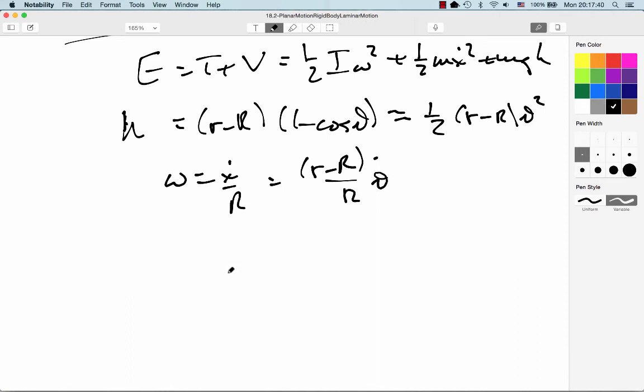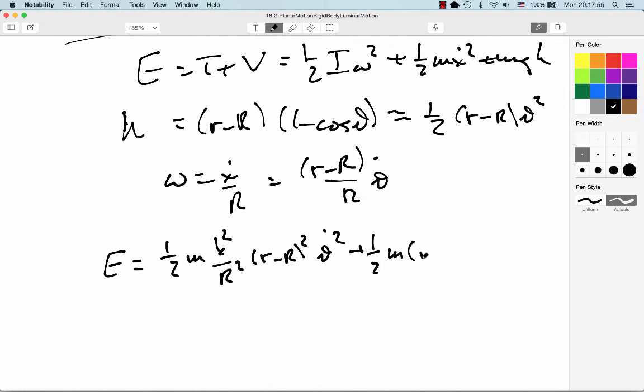Okay, so with all of that, we can write our energy as 1/2 m k squared over r squared, (R minus r) squared theta dot squared, plus 1/2 m (R minus r) squared theta dot squared, plus 1/2 mg (R minus r) theta squared.